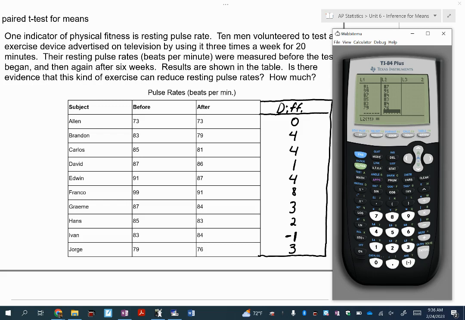Okay, so once I have them in, if you want the calculator to do the subtraction for you, like I would never, if I spent the minute or whatever it took, 2 minutes to do that, I would never then do the subtraction mentally. I would just have it do it for me.